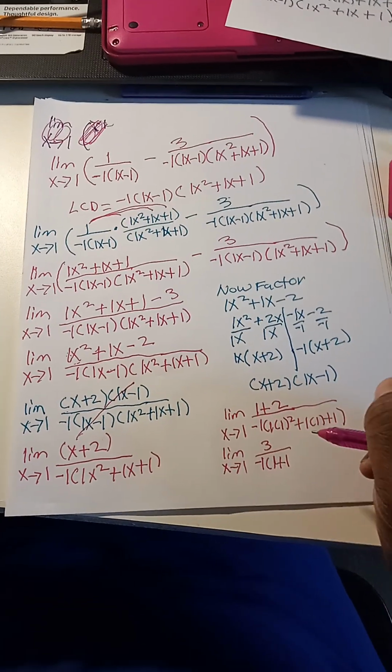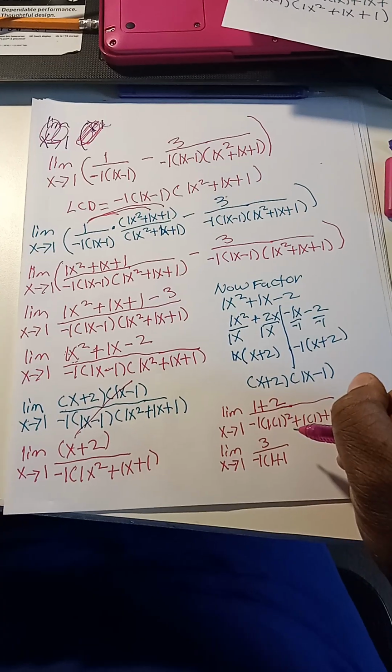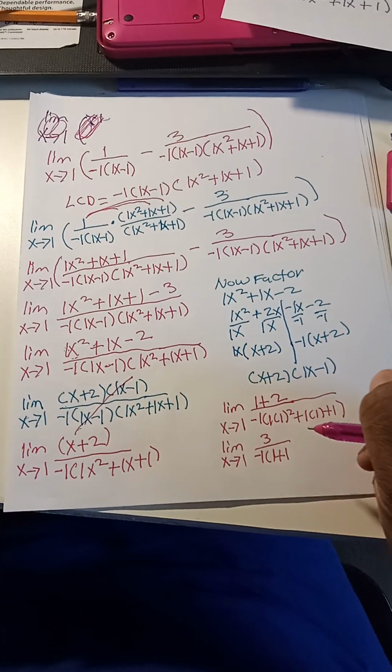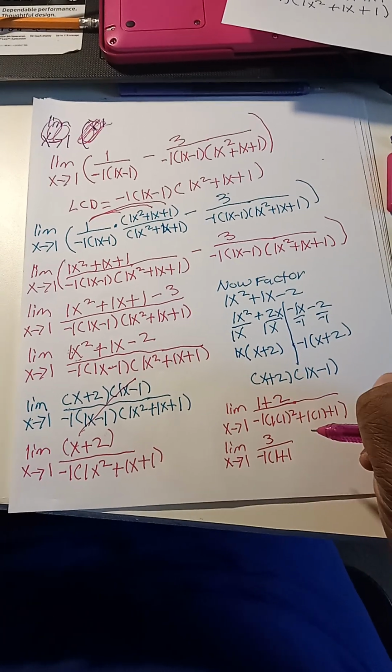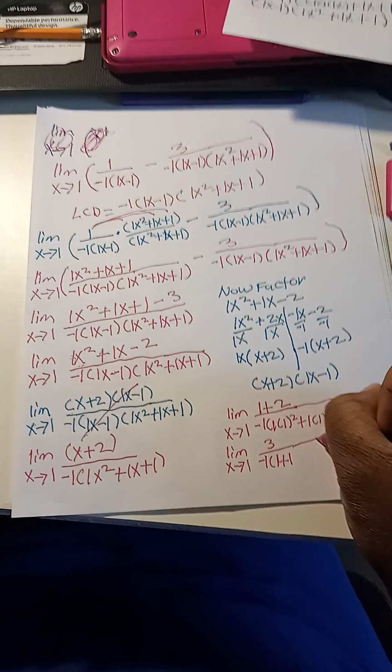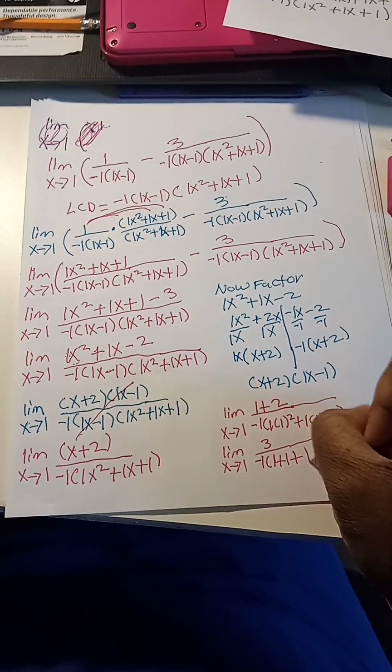So let's do this in split part here. So 1 times 1 squared is 1, plus another 1 times 1 is 1, and then plus the remaining 1.